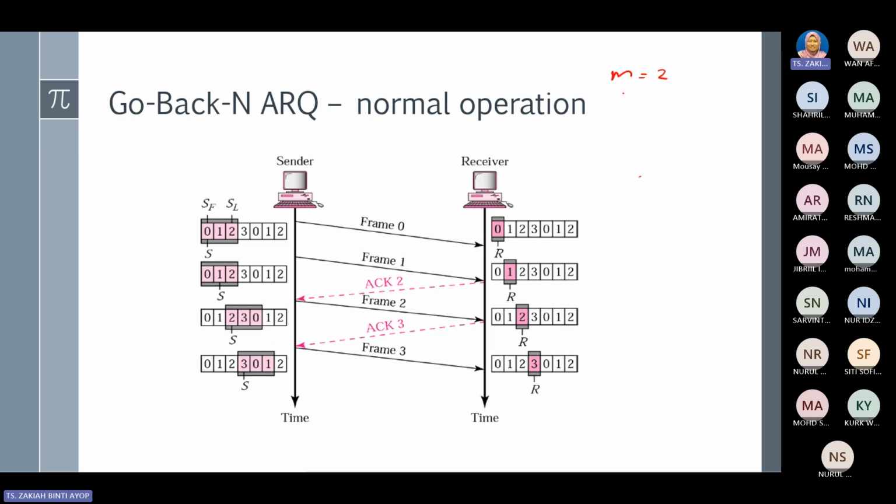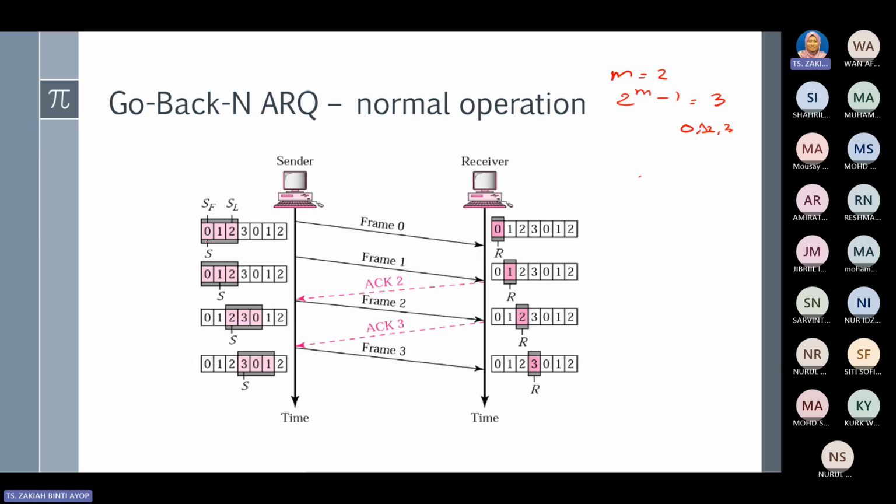So the window size should be 2 to the power of m minus 1, which would be 3, as the size of the sliding window. But the sequence should start from 0, 1, 2, 3. I'm missing one here, sorry. Okay, 0, 1, 2, 3. Now, this is the size 3 frames on the sliding window.